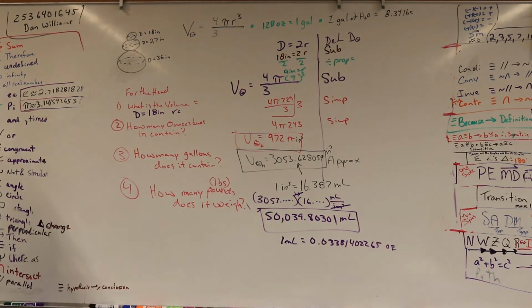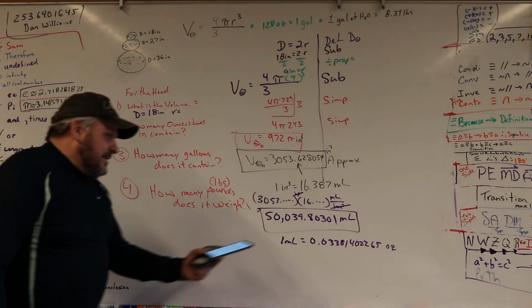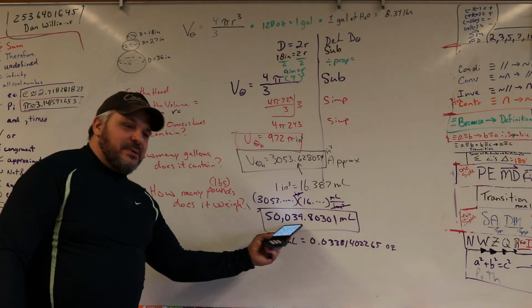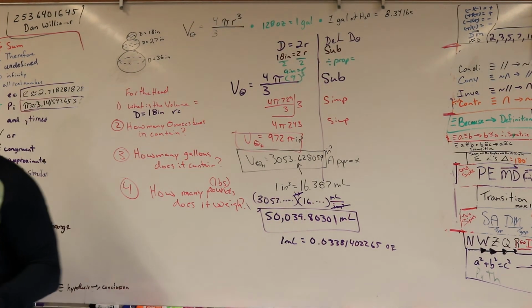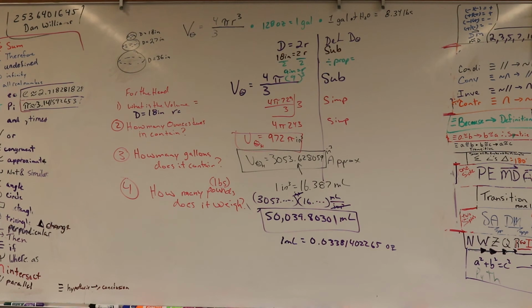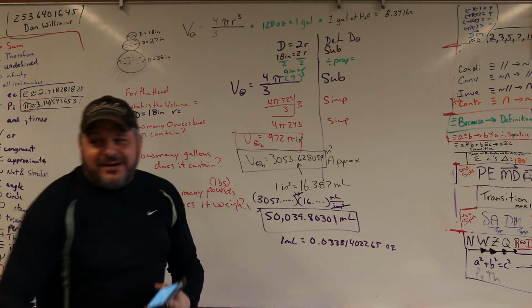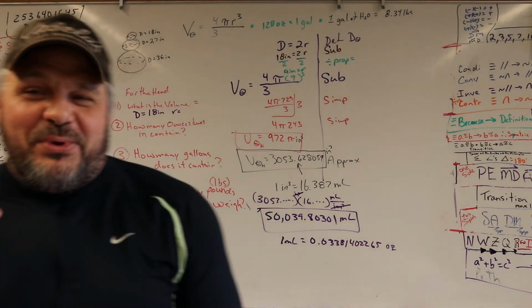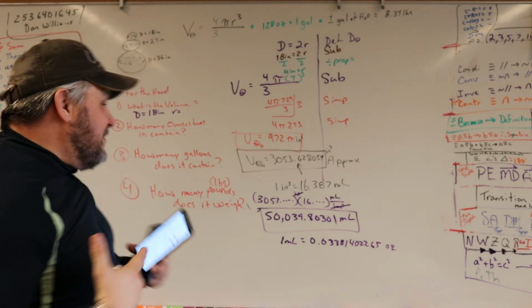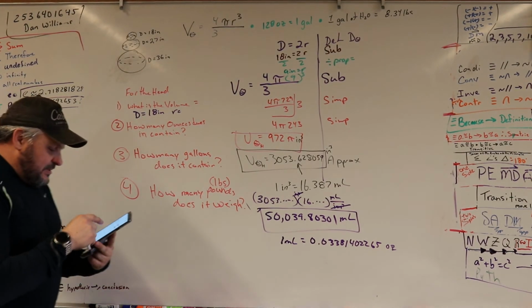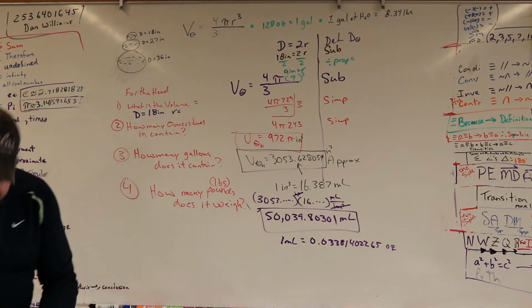So I'm going to take this number that we just figured out and multiply it by the milliliters. We're out of time. Next time on the Dan Show, we're going to bring to you an exact answer for this. Actually, let's just do it real quick and then we'll be good to go.